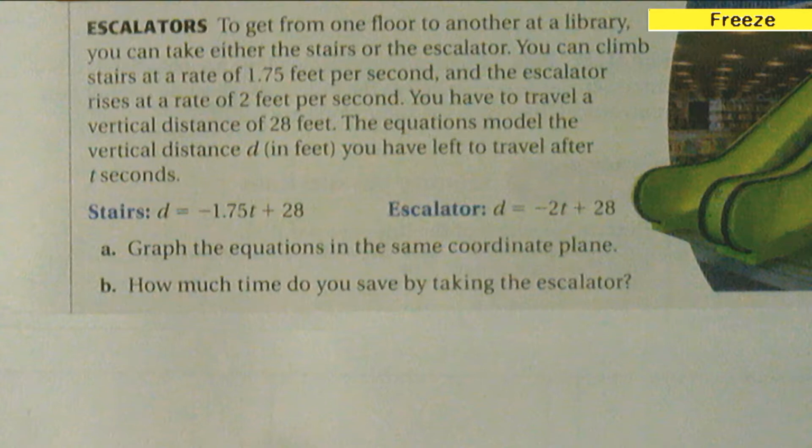Now, here's the thing. You're going to need those graphs to go all the way down to that x-axis. Because it says, how much time do you save by taking the escalator? For us to figure out how much time we save, don't we have to go all the way down to the ground?